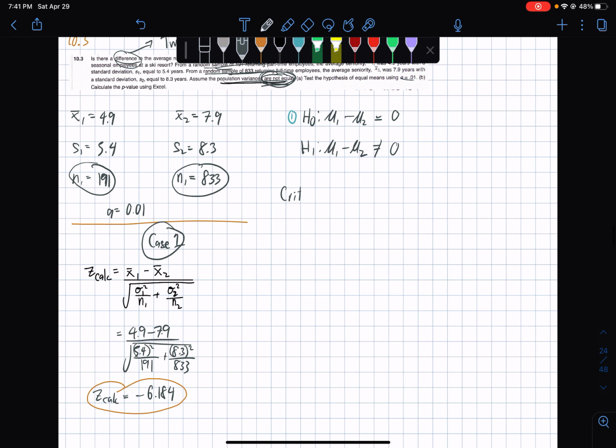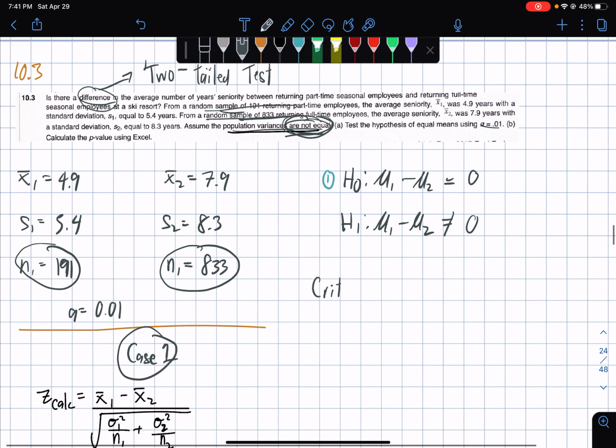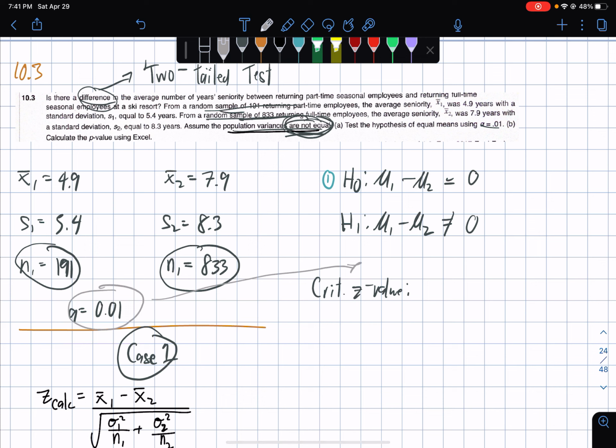And yeah, before that though, we haven't even discovered the critical value yet. Critical z value. How do we get it? We use standard normal distribution methods. That means we need the alpha variable and the fact that it's a two-tailed test. So because it's two-tailed, again, our alpha should be alpha over 2.